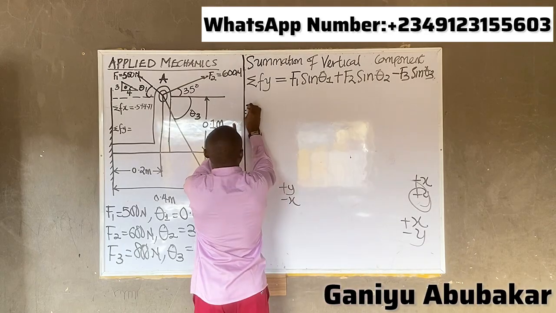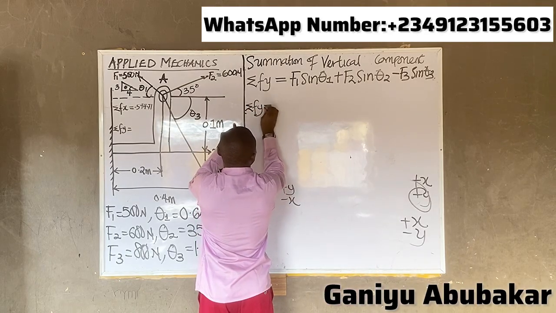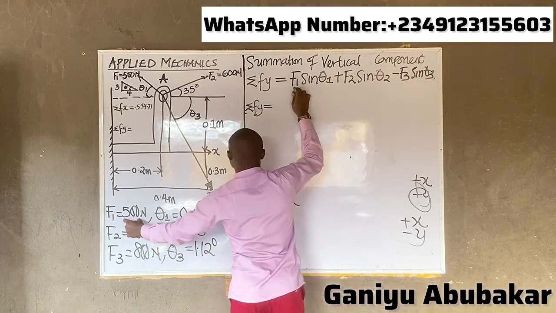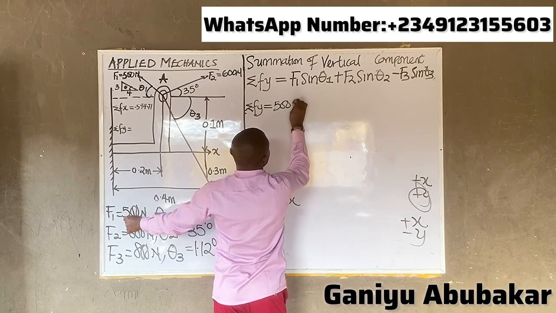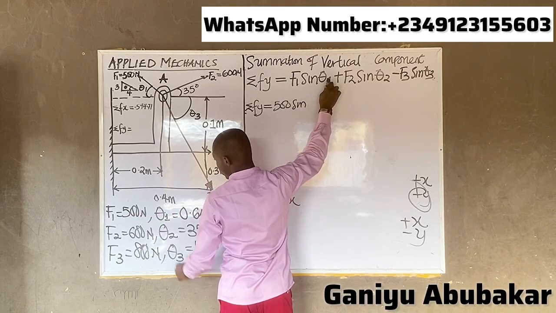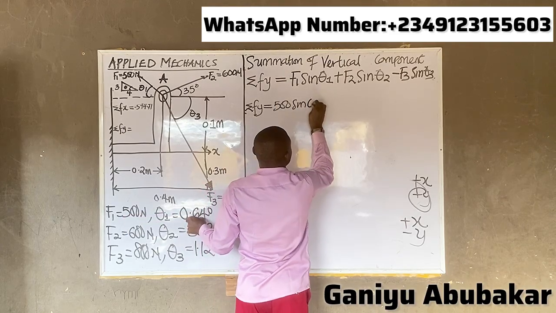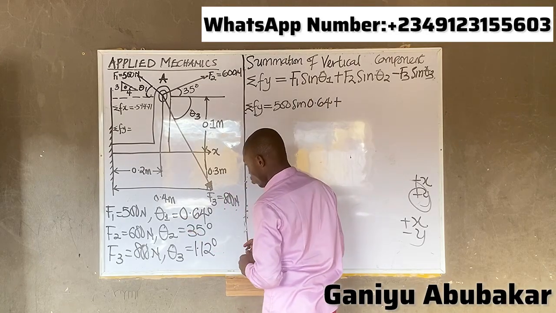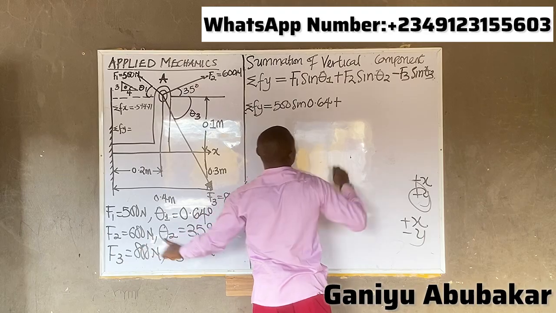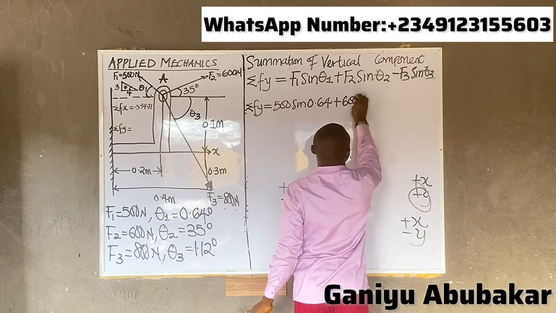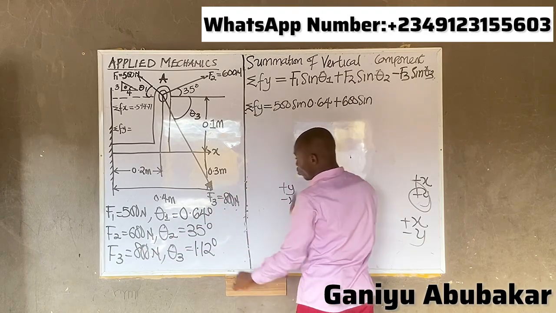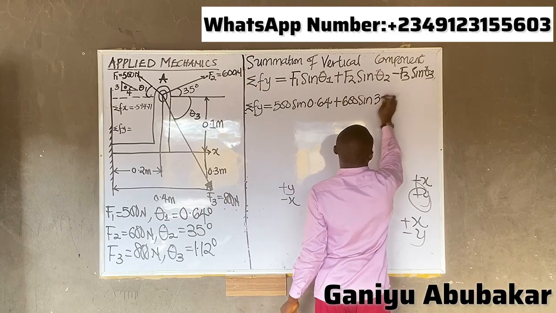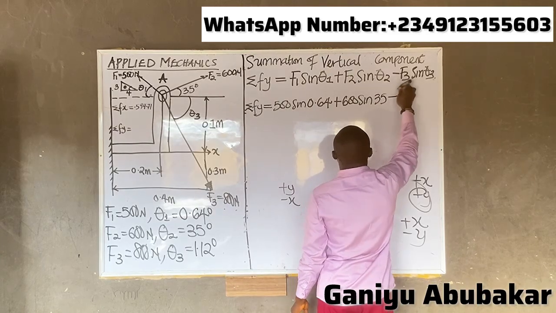This one gives you summation of F of y equal to F1, which is 500, 500 sine theta 1, which is of course 0.64, plus F2, that's 600, 600 sine theta 2, which is 35 degrees, negative F3.